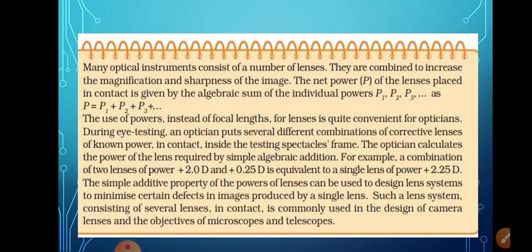This is additional information that different types of combinations are used in microscope, telescope, as well as camera and spectacles. But what we have to keep in mind is that power equal to 1 upon f. Power will be positive if focal length is positive. Power will be negative if focal length is negative.